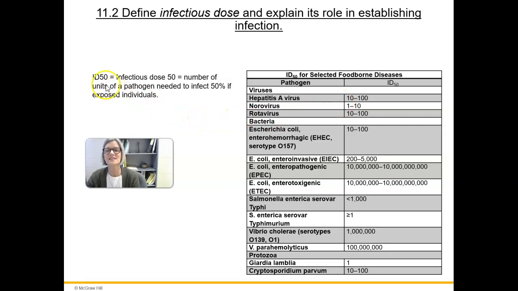And what that means is the infectious dose is the number of units of pathogen needed to infect a person. Specifically, ID 50 is the number of units of pathogen needed to infect 50% of exposed individuals. But for our purpose, infectious dose is the number of units of a pathogen needed to infect an individual. That varies depending on the pathogen, and it can vary depending on the portal of entry.